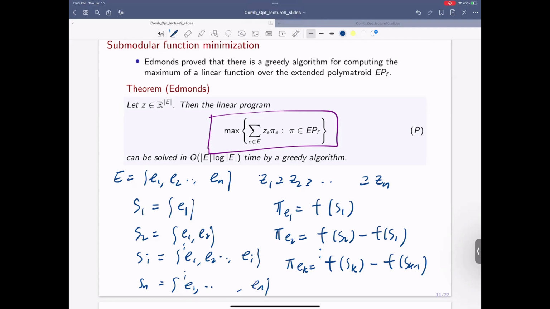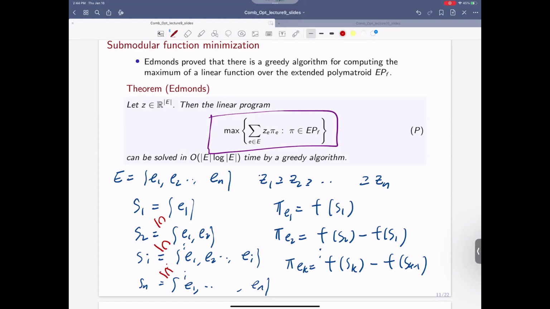Again, the algorithm is as follows. You have your vector z, and you order the coordinates of the vector. Once you have ordered the components of the elements, you construct this chain of subsets. By this construction, S1 is included in S2, S2 is included in S3, and Sn is the largest set.